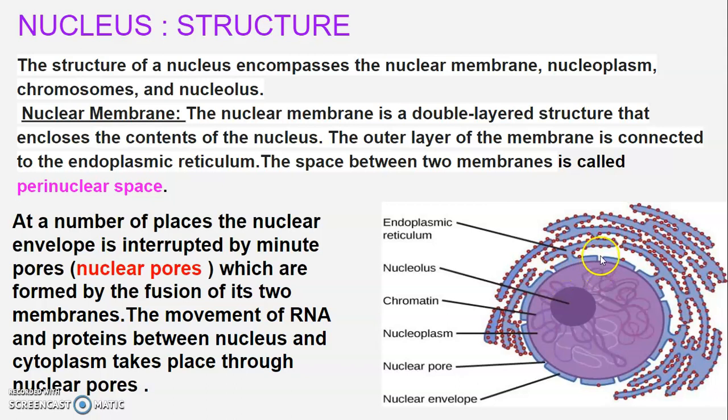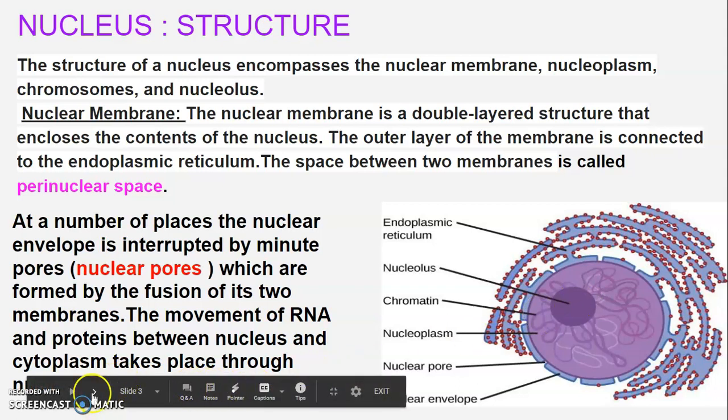It is through these nuclear pores that the movement of RNA and proteins takes place in and out of the nucleus, from the nucleus to the cytoplasm, and from the cytoplasm back to the nucleus. The movement of RNA and proteins takes place through these nuclear pores.